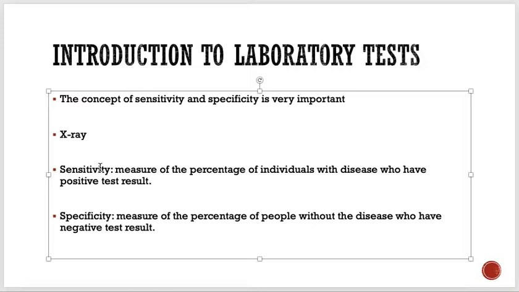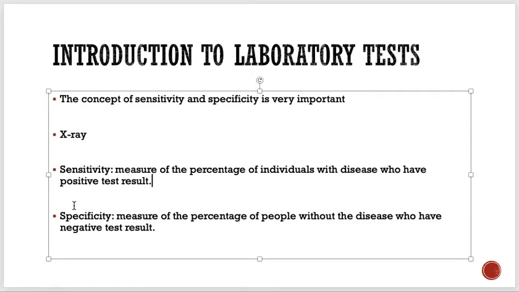But if the test is, for example, 90% sensitive, it means it is going to give you a lot of false negative results, means it is going to skip a lot of people who actually have disease, but the test failed to recognize them, right? A very, very important concept, guys.